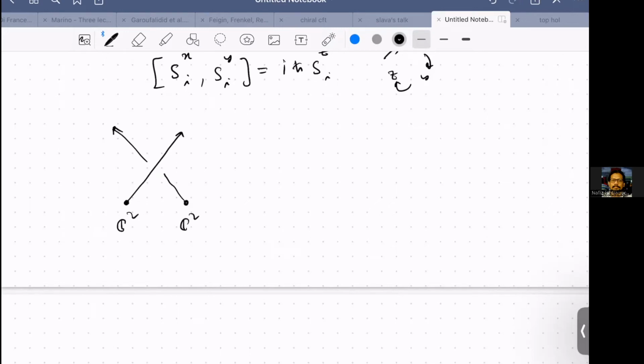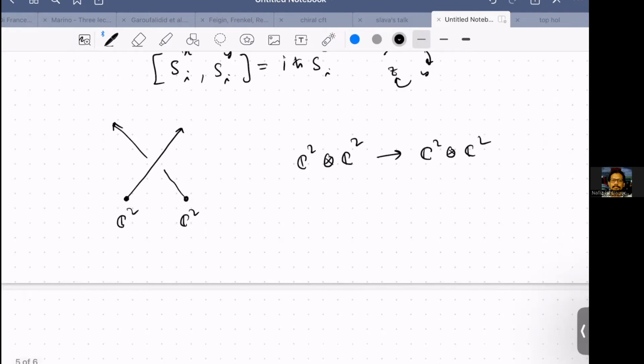So this picture represents an operator from C2 tensor C2 to C2 tensor C2. And this is actually going to be the R matrix. Now recall that we had some spectral parameters. So we have to introduce those spectral parameters somehow. So let me assign those spectral parameters to these vector spaces. So this R is going to depend on the difference between these spectral parameters.